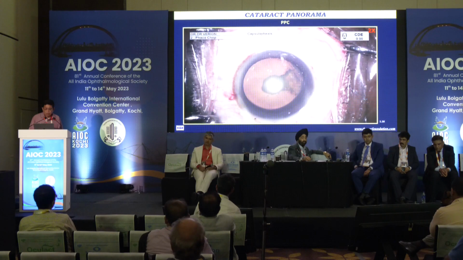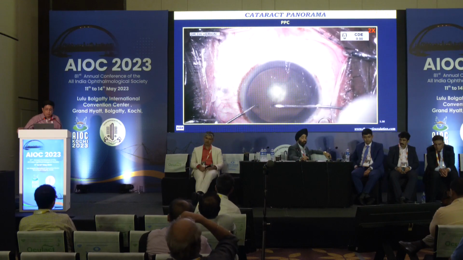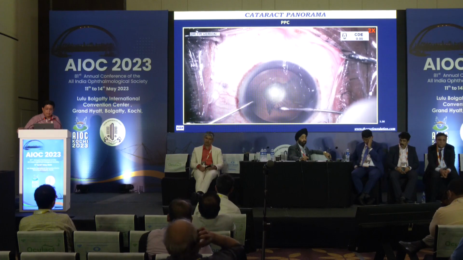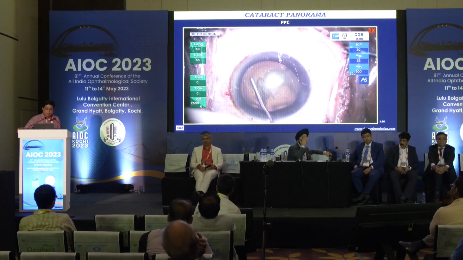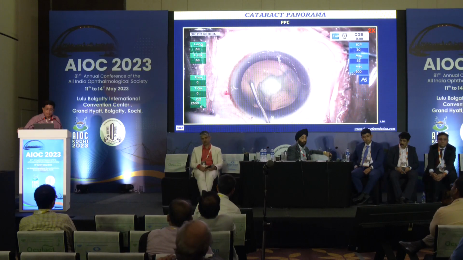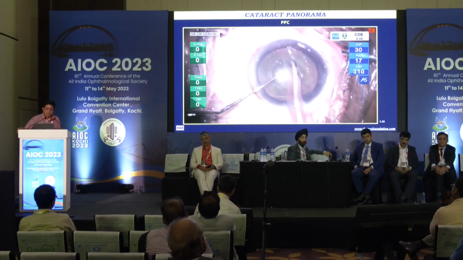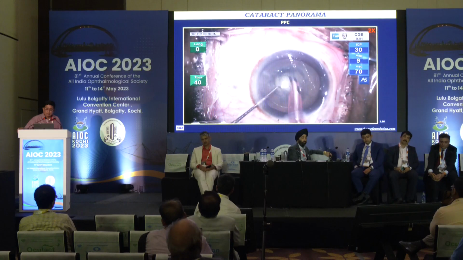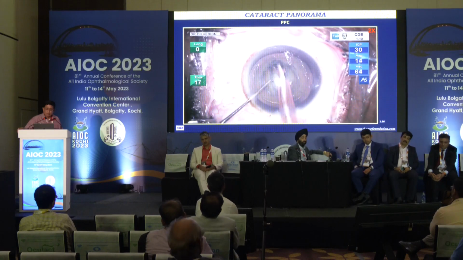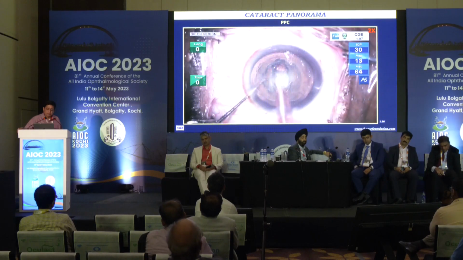Let's look at this video also. And obviously we have all seen so many videos of posterior polar cataracts being handled, and there are multiple ways of doing this. And here what I'm going to be doing is again just a hydro delineation, and you can see the nice golden ring. And I use a vacuum of almost 600 in this case, IOP being kept at 30, and I create a nice groove.